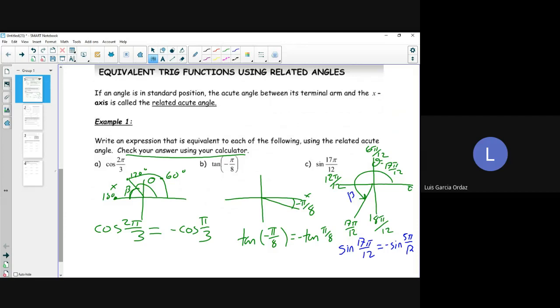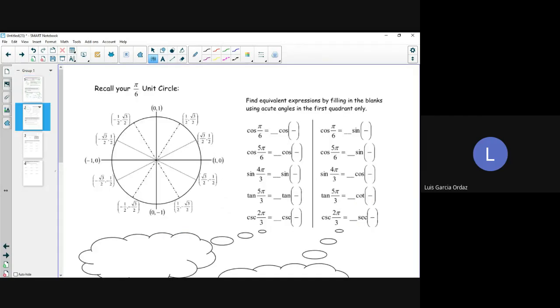Remember the chart we did with the special triangles at the beginning, where sine and cosine had the same values at different angles? That's what we're talking about when we're talking about correlated acute angles. So that's the unit circle for you.